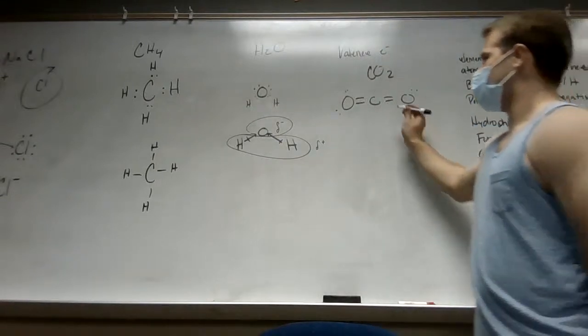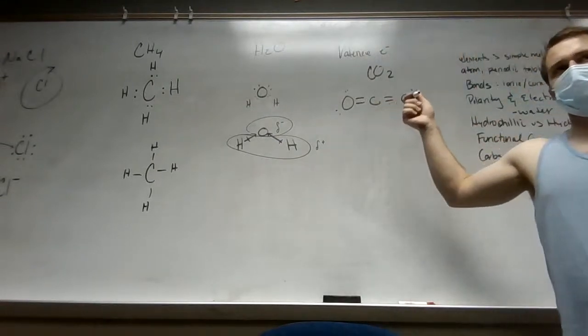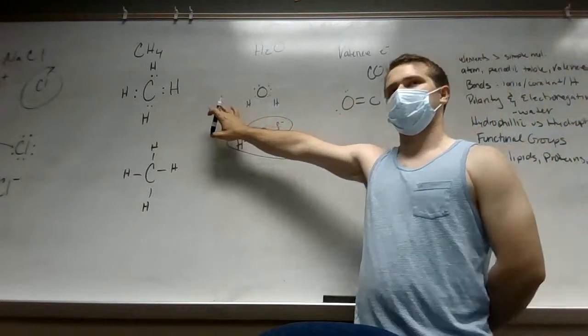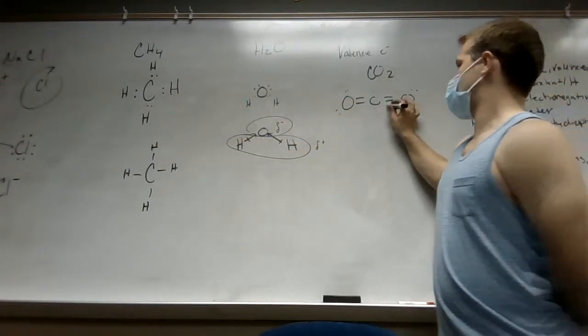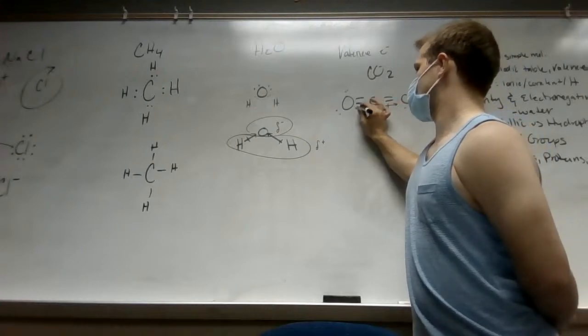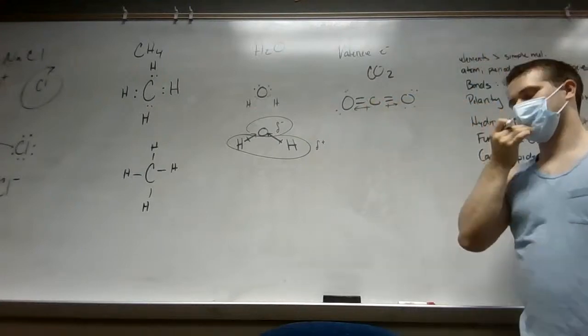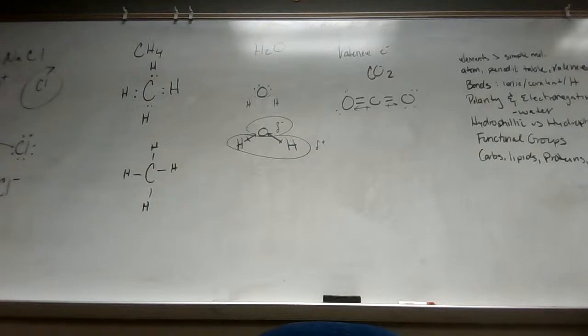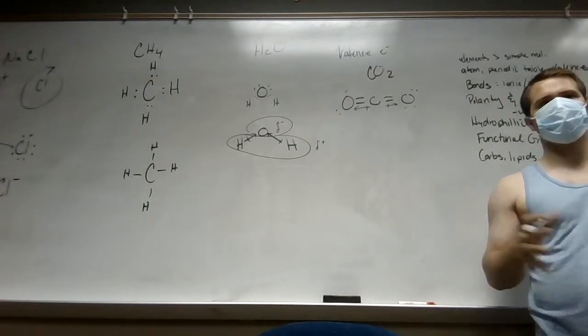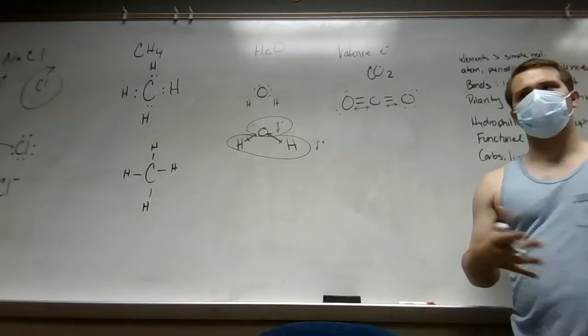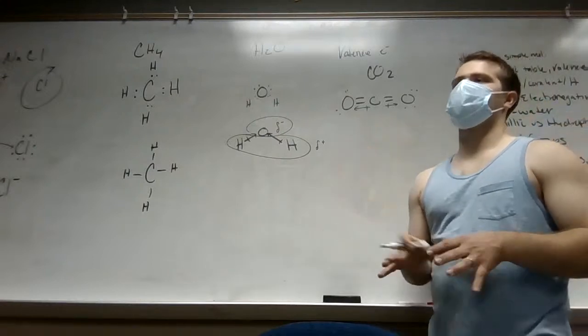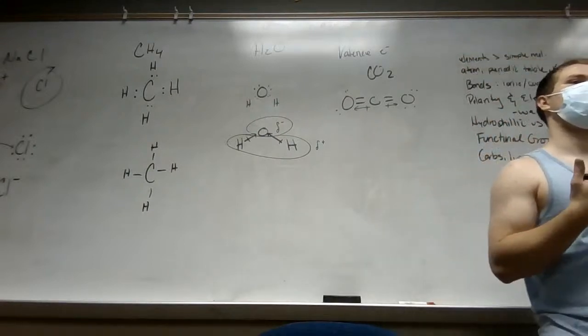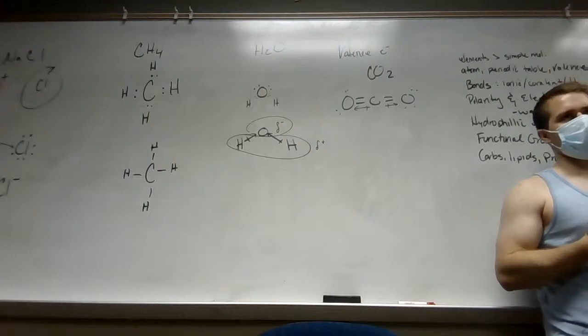So what's happening here is oxygen is more electronegative than carbon. Carbon and hydrogen are very close in electronegativity. So oxygen is going to draw the electrons towards it. But what's happening here is that they're being pulled in equal and opposite directions, which basically cancels the effect out. So although you have polar bonds, because they are equal and opposite, carbon dioxide is a non-polar compound.